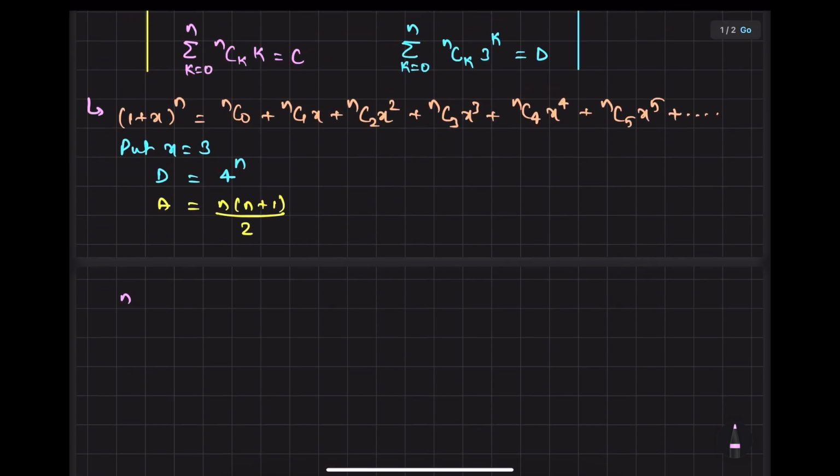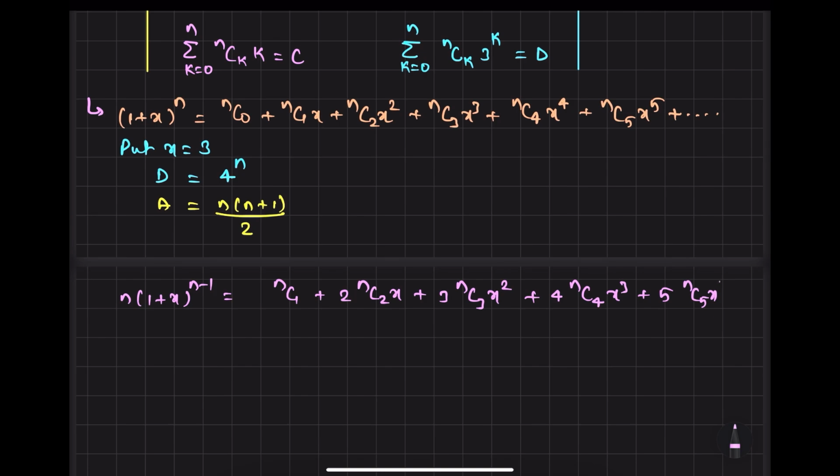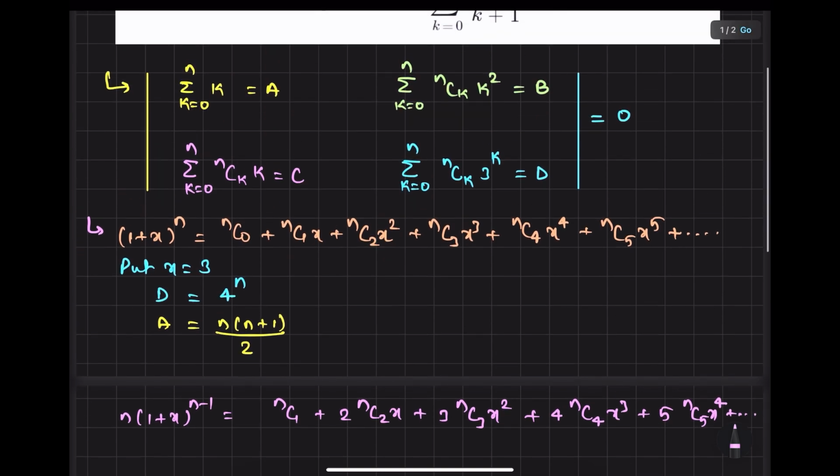It is n times (1 plus x) power n minus 1, which equals nC1 plus 2 times nC2 x plus 3 times nC3 x square plus 4 times nC4 x cube plus 5 times nC5 x power 4, dot dot dot. Correct? Now look at this part. If you observe, it is following the same concept.